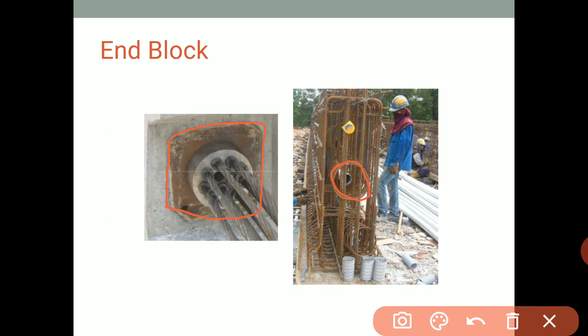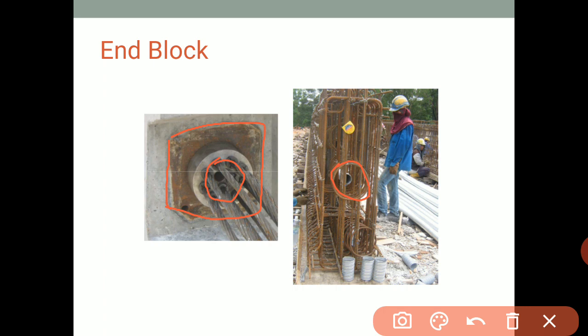This is the jack, or the anchorage part. There we have a hydraulic jack, and by the hydraulic jack we apply a calculated amount of pre-stress to the given beam section.